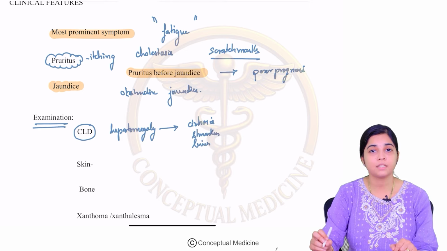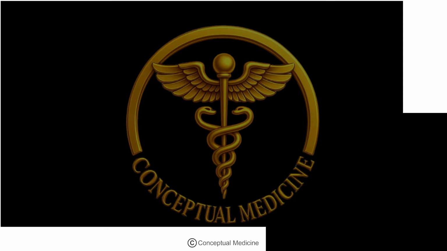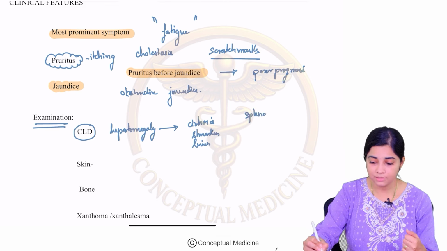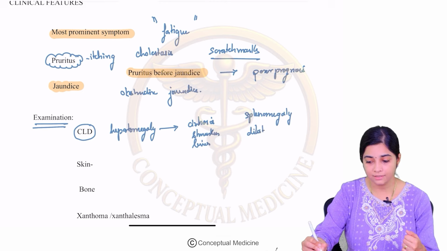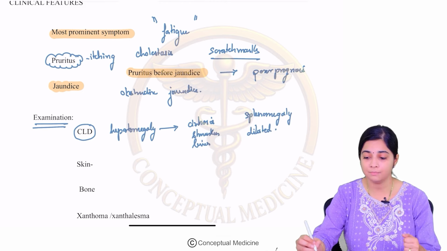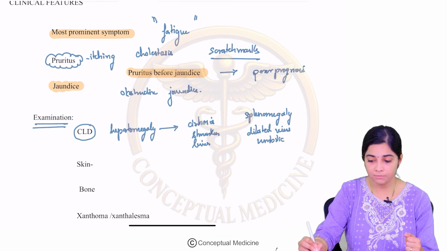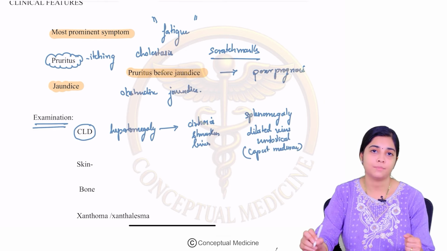But there can be stigmata of other signs. That includes splenomegaly, that includes dilated veins. Dilated veins where? In the periumbilical region, that is what we call caput medusae. That is because of your portal hypertension.